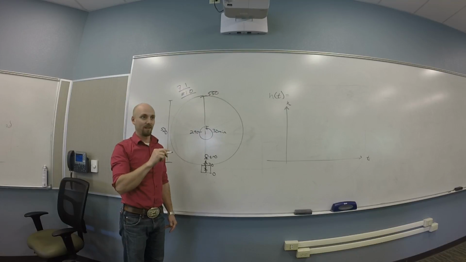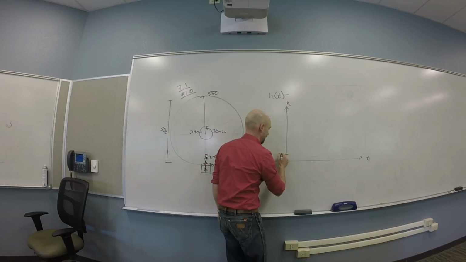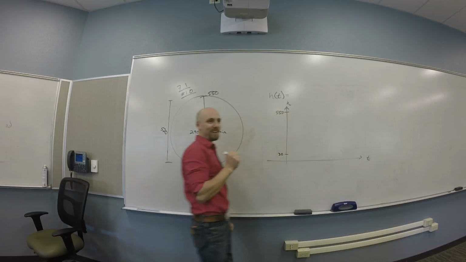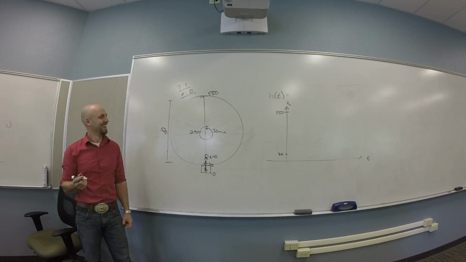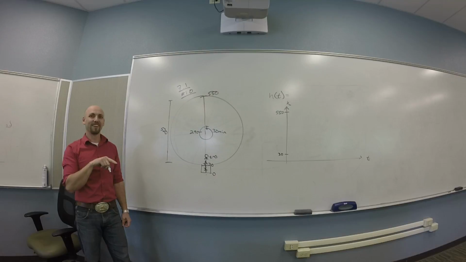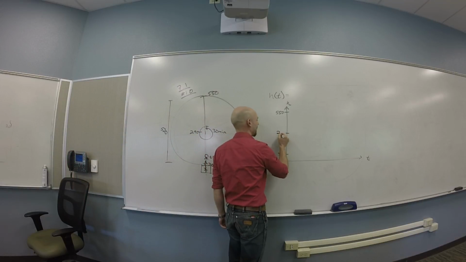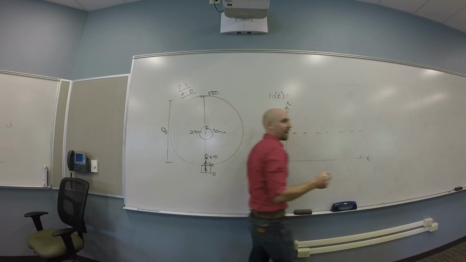So 30 at the bottom, 550 at the top, and 290 in the middle. That's the midline. 290 is the midline. Very nice.